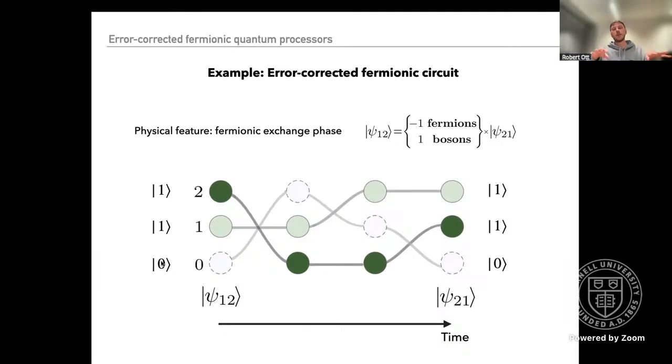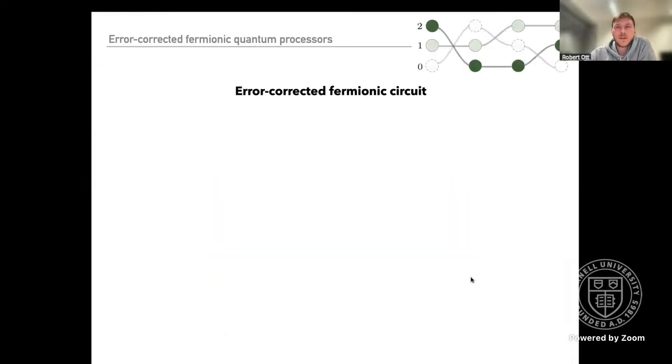Then you can do these operations of exchanging them, and if you exchange them in this specific way, you apply this operation to the wave function psi 1, 2, you get it the other way around, and you should be able to see this exchange phase, this logical exchange phase in this case.